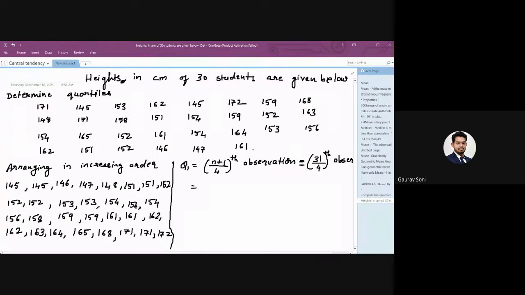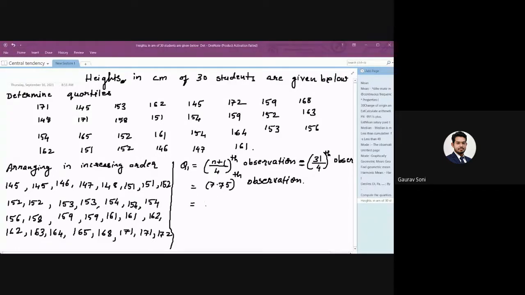Now what? Either we take the greatest integer function or round it off. I'll tell you this. What is 31 by 4? It is 7.75, right? You can simply divide, so what you will get is 7.75.